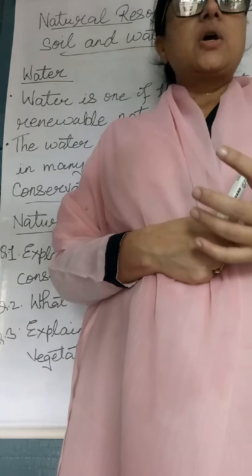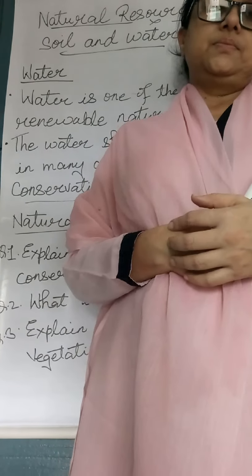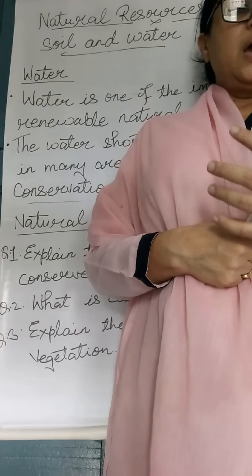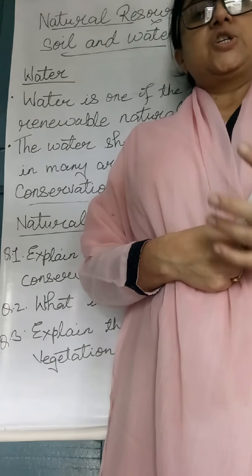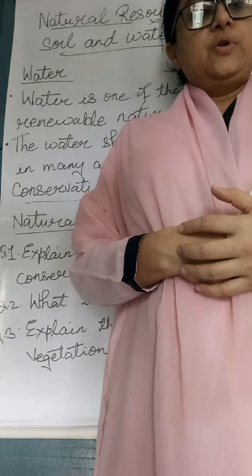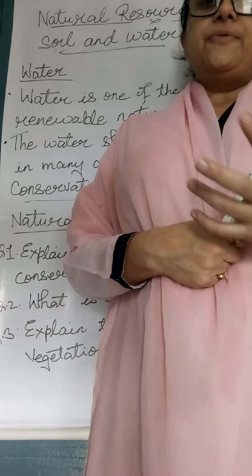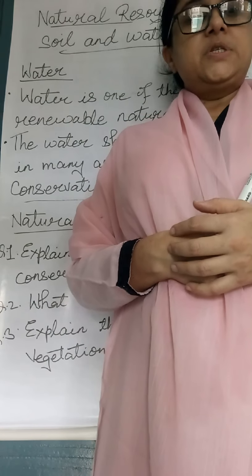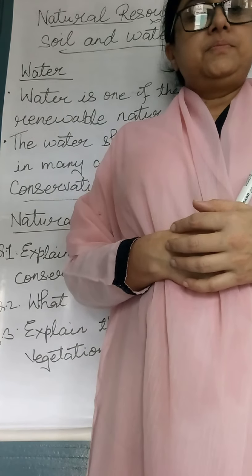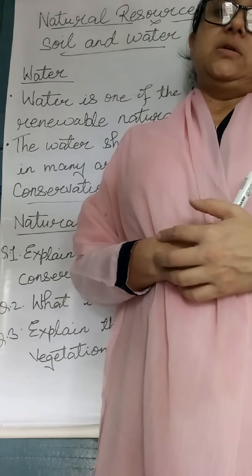Water is required for our industries too, for cleaning and cooling the machines. When water falls from a height, as in waterfalls or dams, it can be used to generate hydroelectricity.